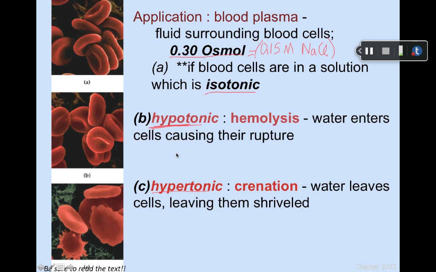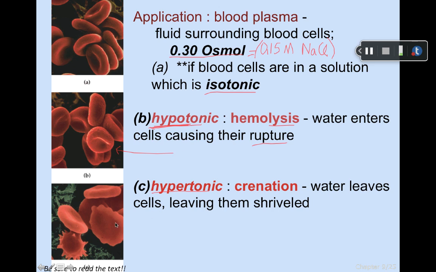And the water goes into the cells as shown by these swollen looking cells in this picture, and eventually can cause them to rupture. Lysis means to rupture. Hemolysis is rupture of blood cells. So when the solution has more water and less solute, the water will go into the cells, causing their potential rupture.